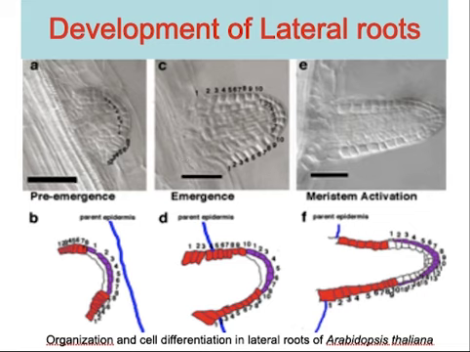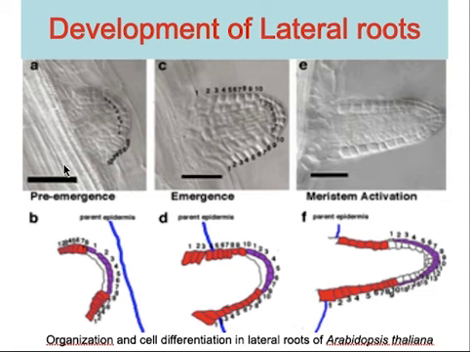In contrast, the lateral root meristem does not become active until after the primordium emerges from the parent root, and therefore does not appear to play a role in early pattern formation and organization.